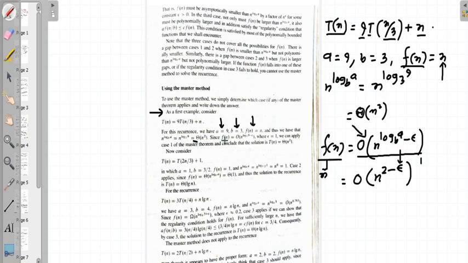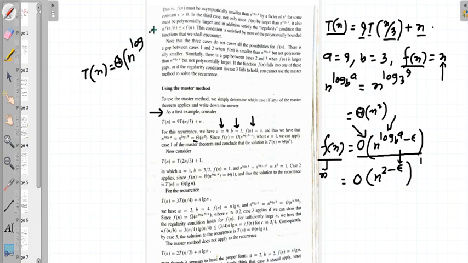Whenever we can write it so, the leaf level cost is dominating, and then we can say that the solution of the recurrence T(n) will be theta of n^(log a base b).